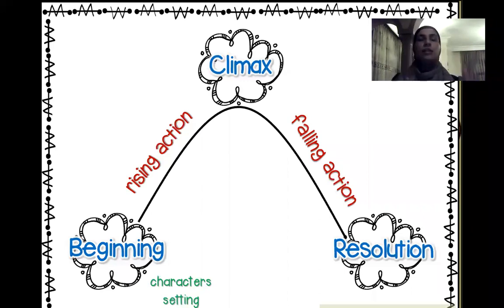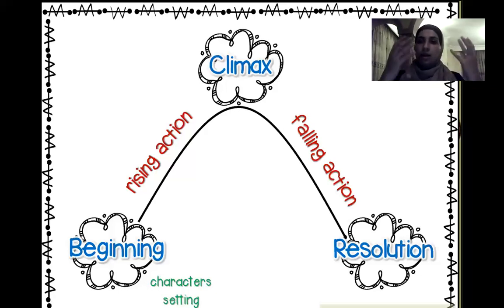So you start the story by telling the readers who the characters are and what the setting is. You need to tell the people what they are reading about, what the story is about.